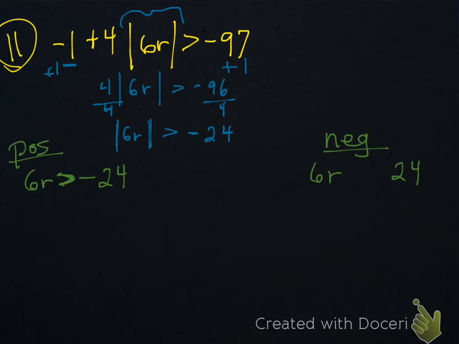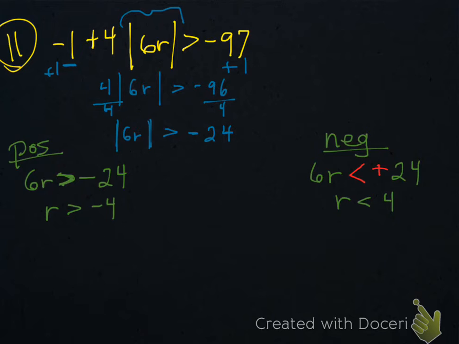Yep. You got to change the sign. -24 is going to be positive 24, and change the direction. It's going to be a less than. Now we're ready to solve. We got to divide by that 6. So what is -24 divided by 6? -4. Positive 24 divided by 6 is positive 4.